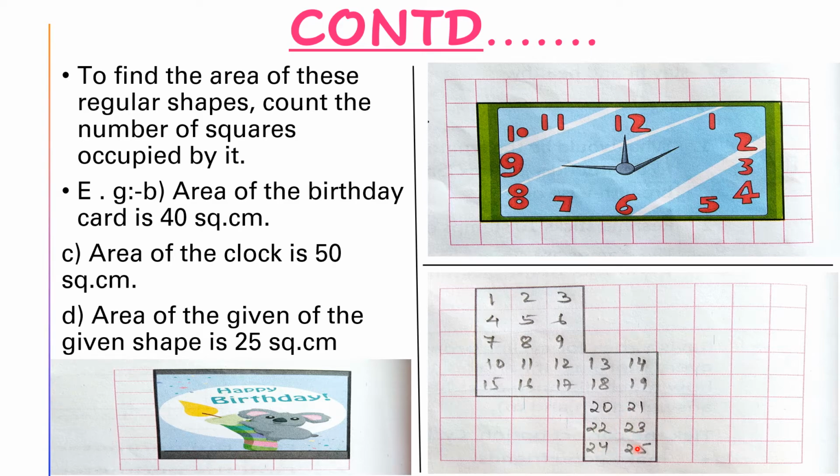It occupies 25 squares on the sheet. As each square has an area of 1 square cm, the area of the given shape is equal to 25 square cm. In this way, we can find the area of a regular shape.